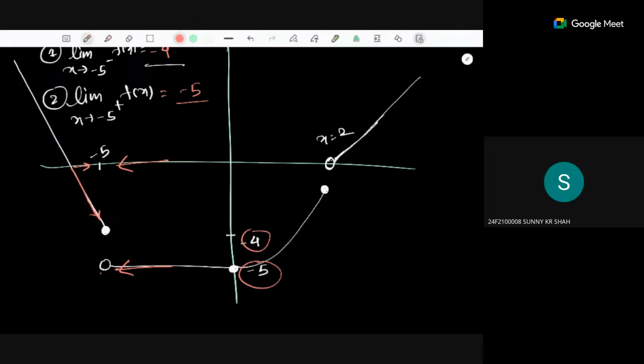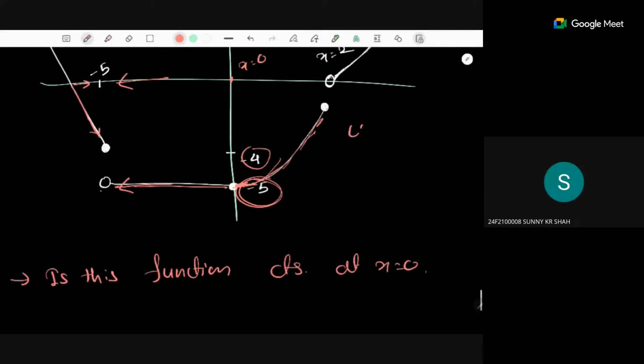See, this is our x is equals to 0, and here we just have the same thing. It will be continuous, right? It is approaching -5 from the left hand side. It is also approaching -5 from the right hand side, and the value of the function is also -5. So that means both things are the same.